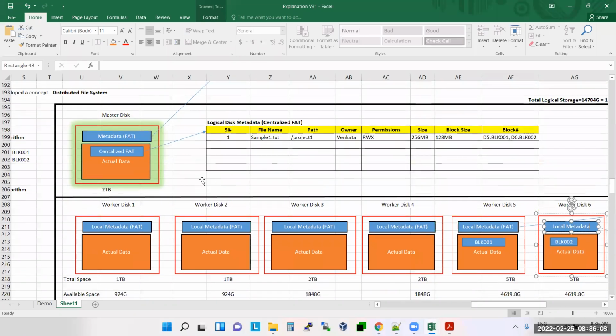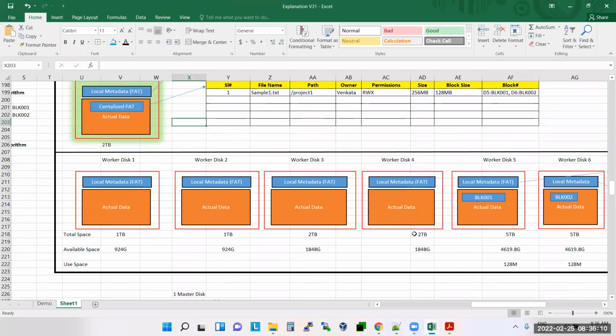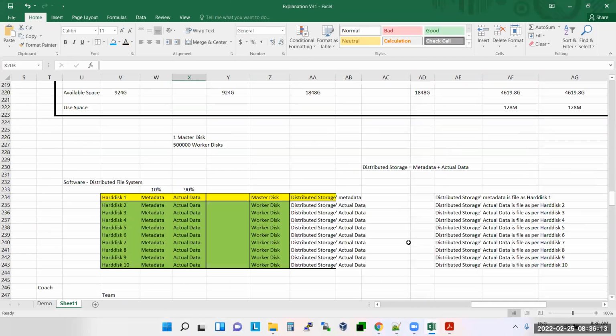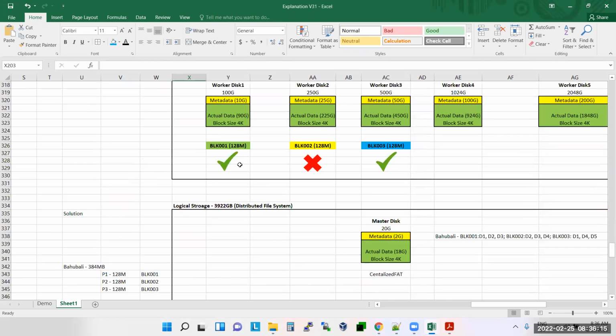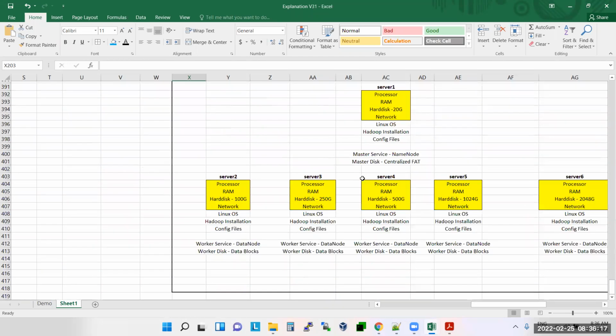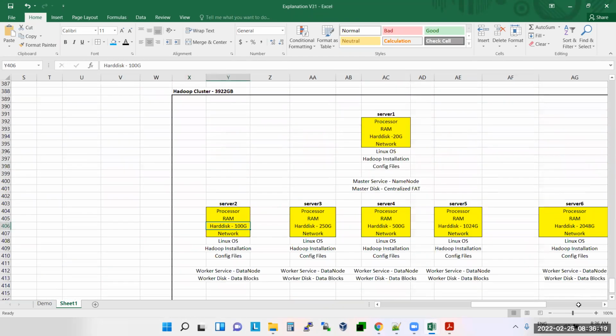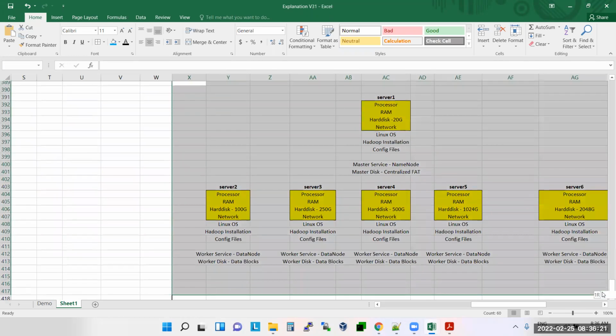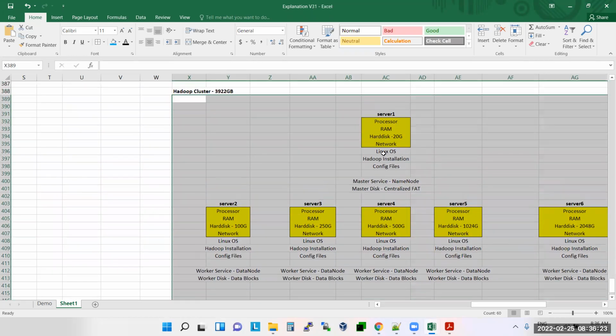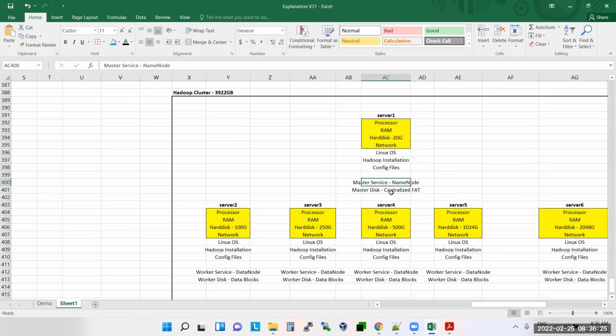Local metadata will be there on each and every disk, and you cannot skip that. But central metadata means the metadata of all these disks together will be maintained in the name node machine.